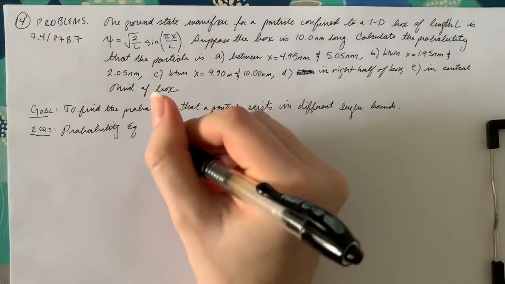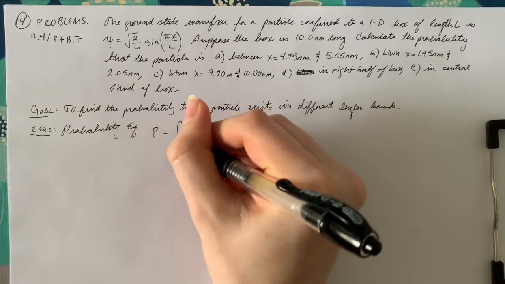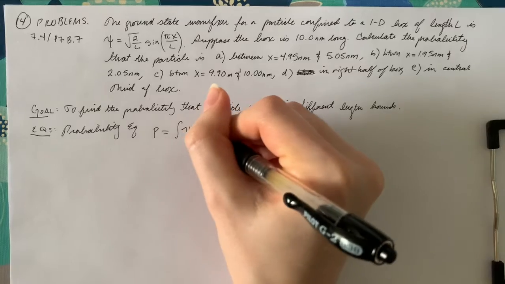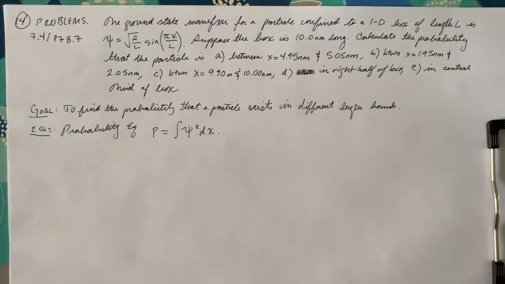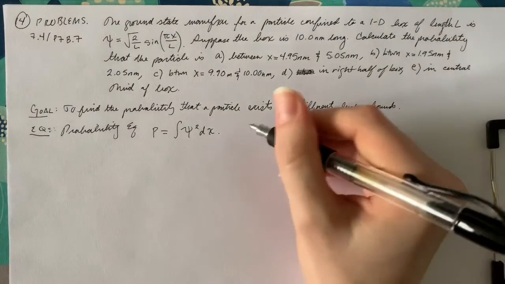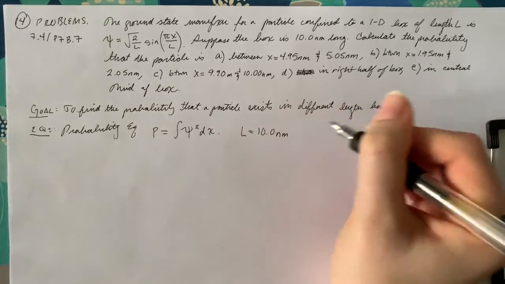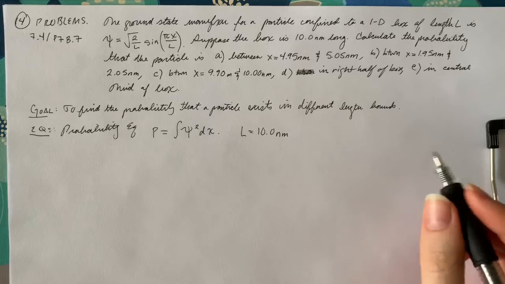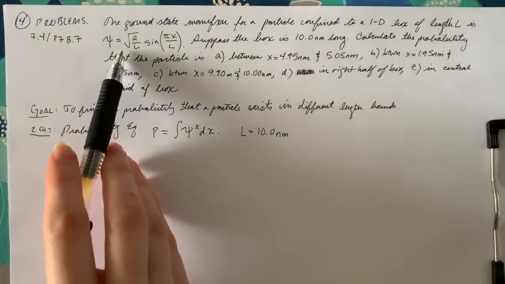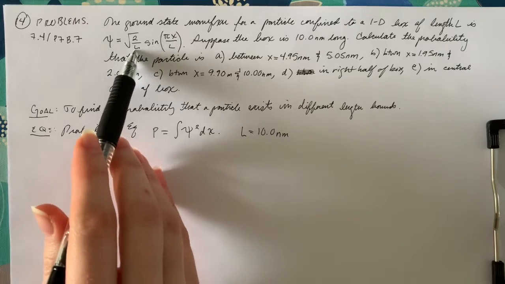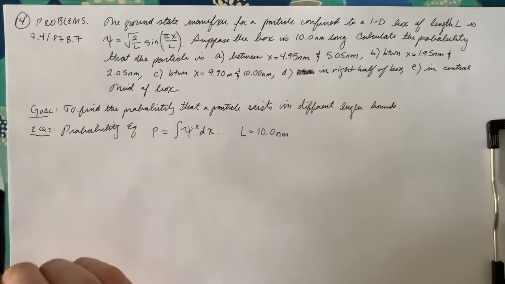Which we know as P equals, integrate, the bounds will vary depending on what we're given, psi squared dx. Some other things that are just nice to have, we know the length is 10 nanometer, and we are assuming that this wave function is already normalized because this factor on the outside is very familiar at this point.